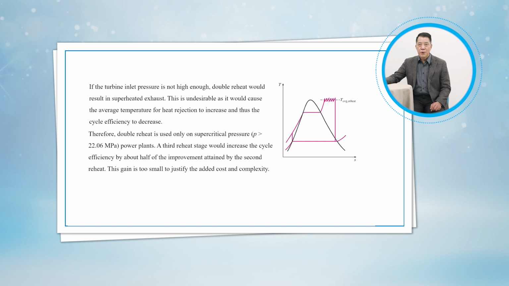Therefore, double reheat is used only on supercritical pressure power plants. A third reheat stage would increase the cycle efficiency by about half of the improvement attained by the second reheat. This gain is too small to justify the added cost and complexity.